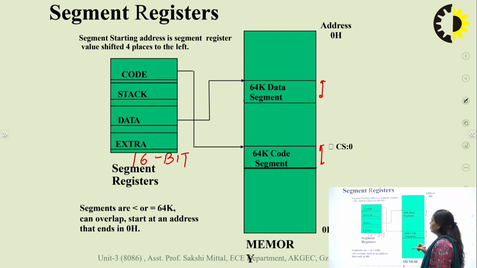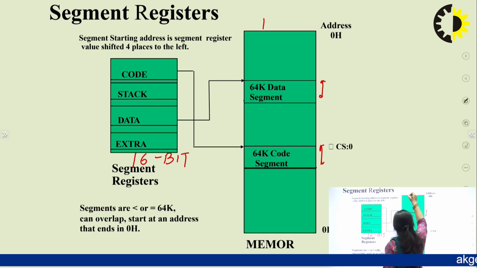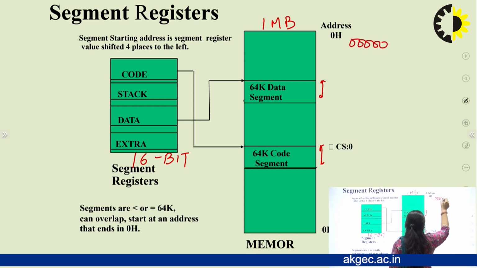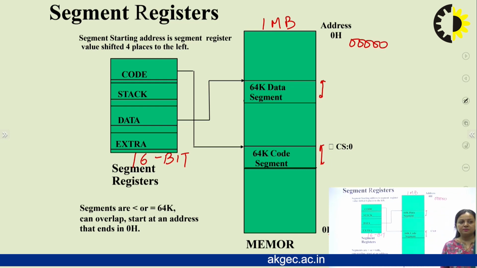So you can have a 64 kilobyte data segment, code segment, extra segment and stack segment. And this is your memory, which is 1 MB in size. It starts with address 00000H and ends with address FFFFFH.